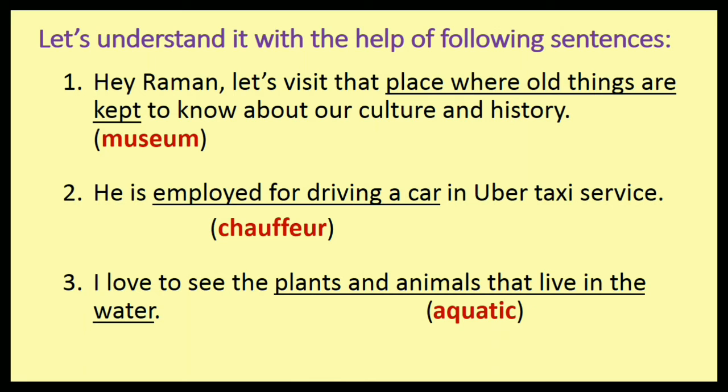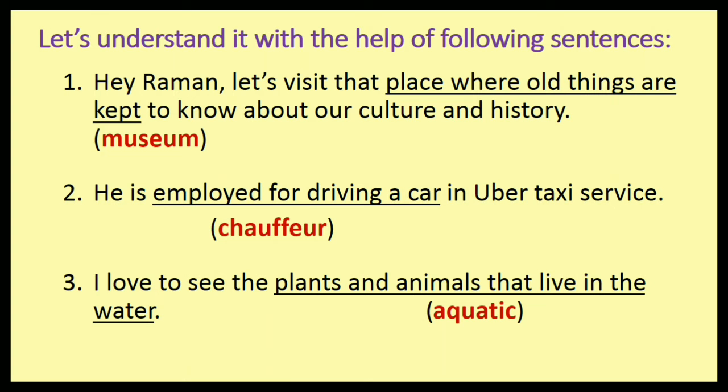Students, you can see that the phrase "place where old things are kept" is underlined, and this place is also known as museum, right? So, hey Raman, let's visit a museum to know about our culture and history. So, students, you can see that we can use one word for many in this sentence, right?